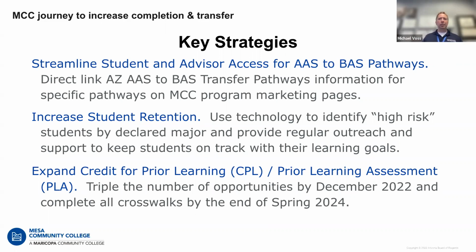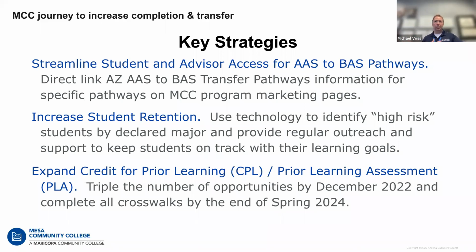And then using tools or processes like credit for prior learning or prior learning assessment, whatever you want to call it, is another way that we can attract audiences of folks who have had technical training, articulate that training to career technical credit here at the college, and then have that be part of the body of work that is part of the AAS completion, which in block will transfer over to the university.